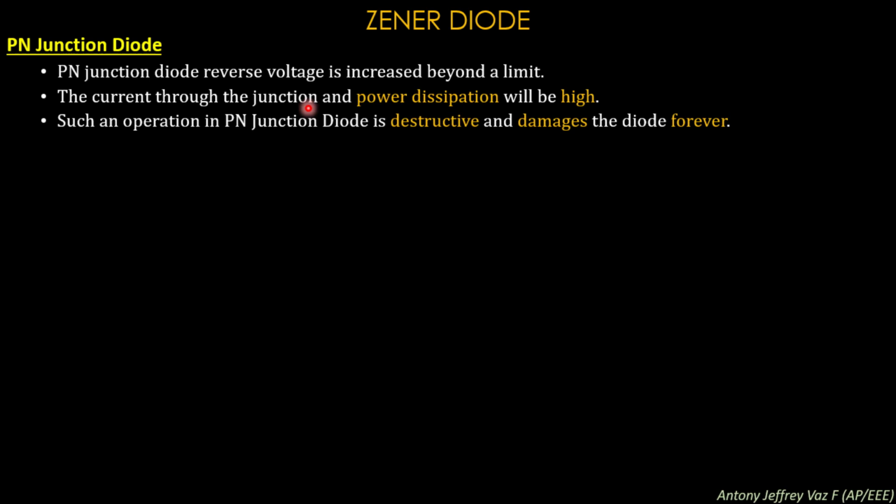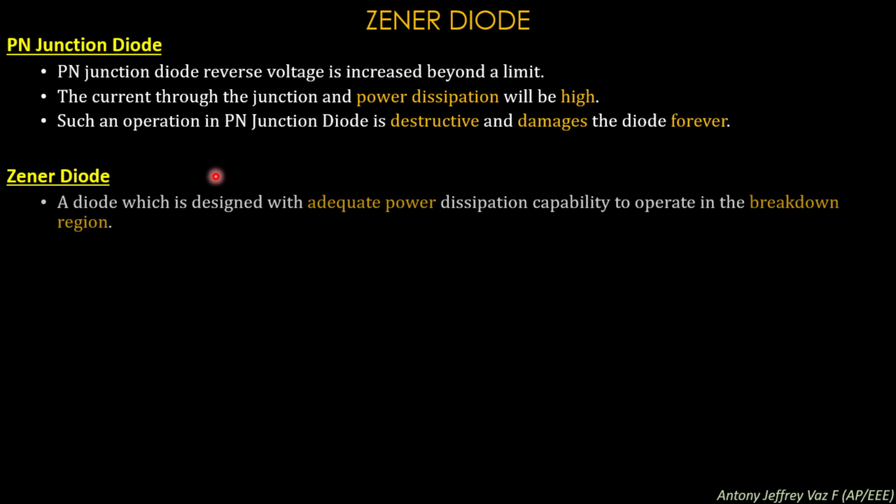Due to this very high power dissipation, the diode junction gets destroyed, and if the reverse voltage is maintained for a longer time, it damages the diode forever.